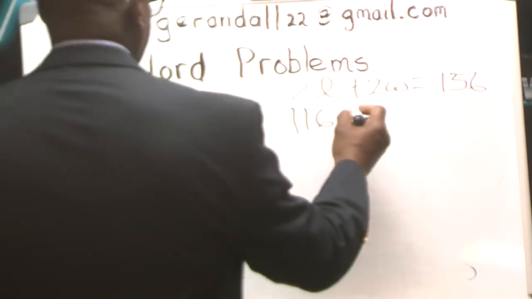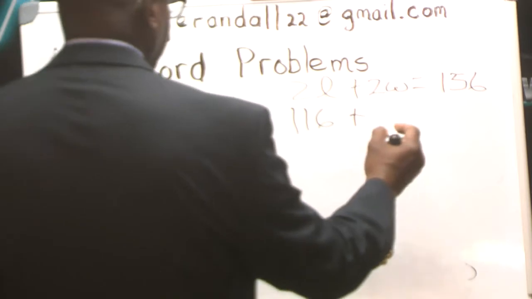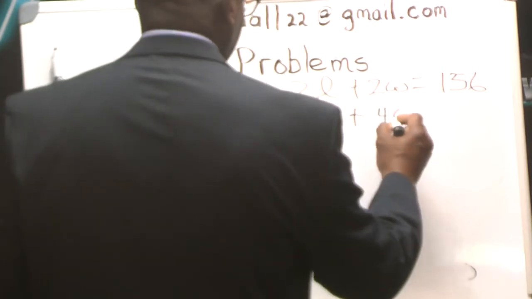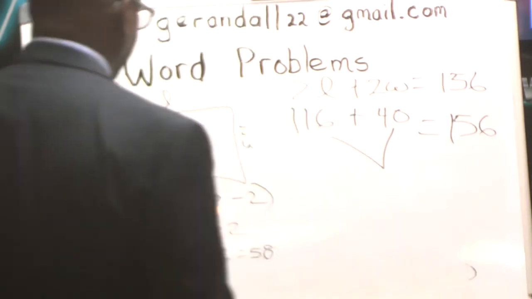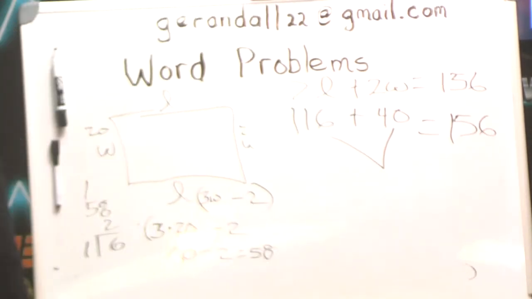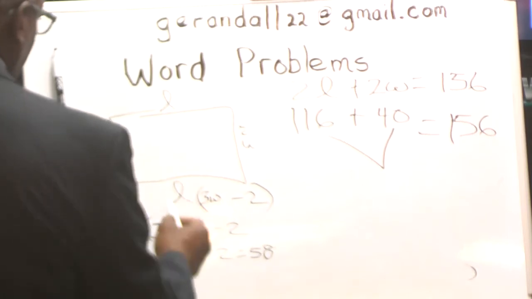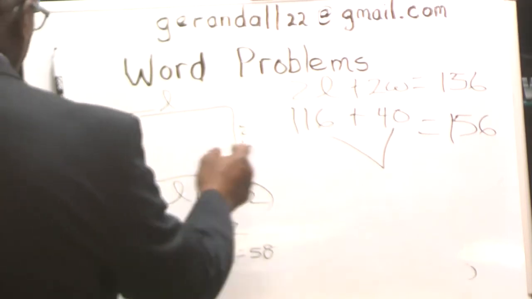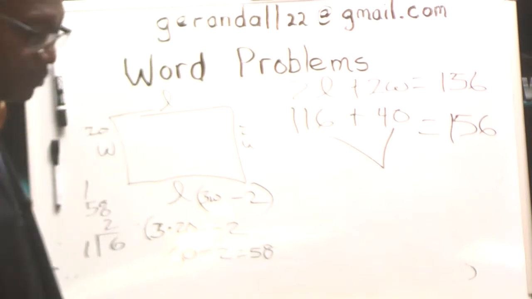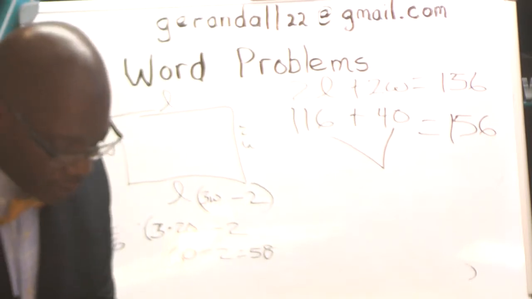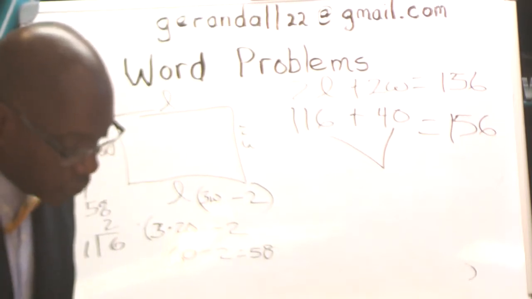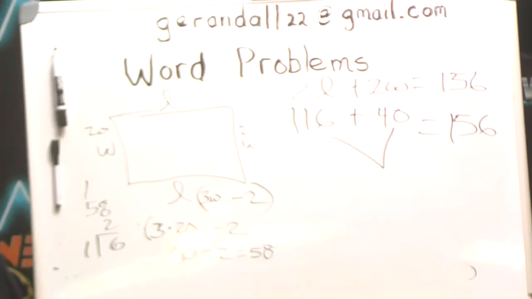And the width is 20 times 2 is 40. And when you add those guys together, 156. Again, the length of the park is 58. The width of the park is 20. You've answered all the questions in reference to the dog park on this particular problem.